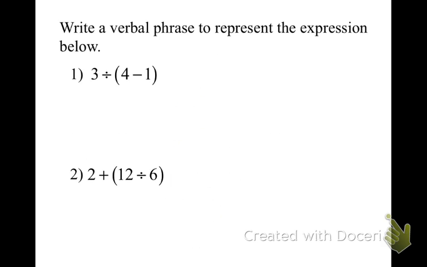Or you could say the difference of 4 and 1. So 3, the quotient of 3 and the difference of 4 minus 1. So you could do that in a couple different ways. 3 divided by the difference of 4 and 1. You could also say the quotient of 3 and the difference of 4 and 1. Oops. So now you try the next one.